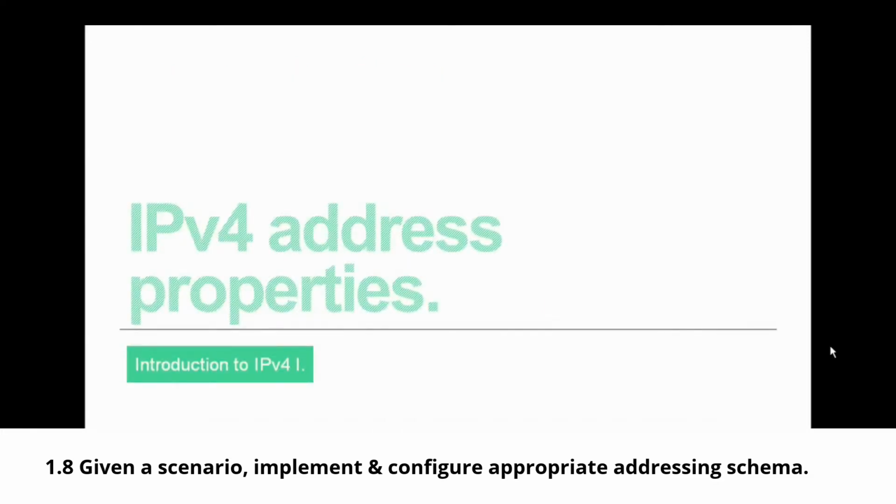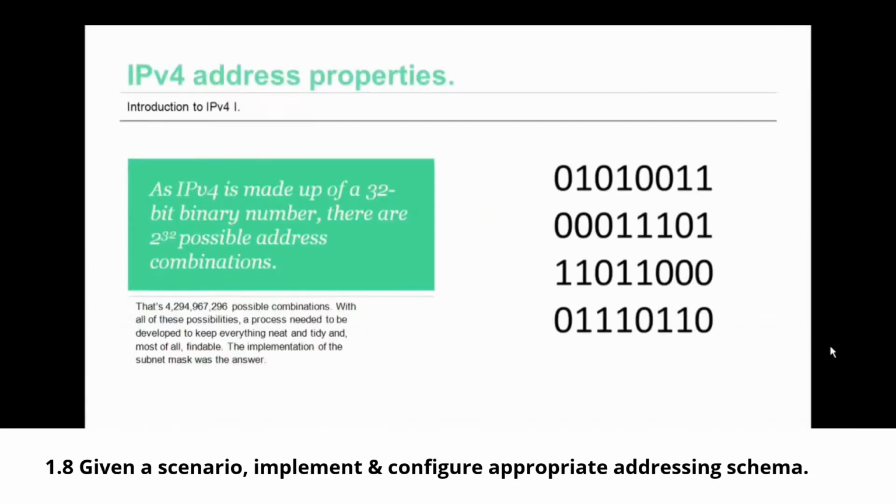Now that we know the purpose of IP addressing, let's move on to some IPv4 address properties. IPv4 is made up of a 32-bit binary number. That means there are 2 to the 32nd power possible address combinations.